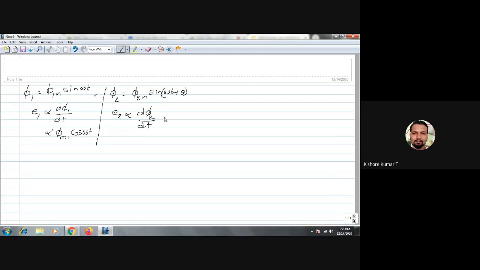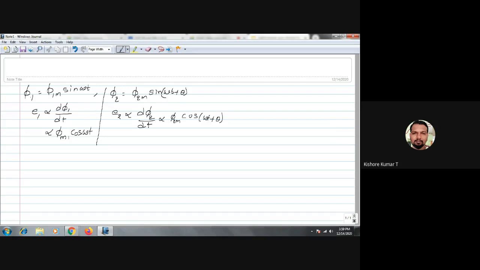which can be written as phi 2m cos omega t plus theta. Is it clear?